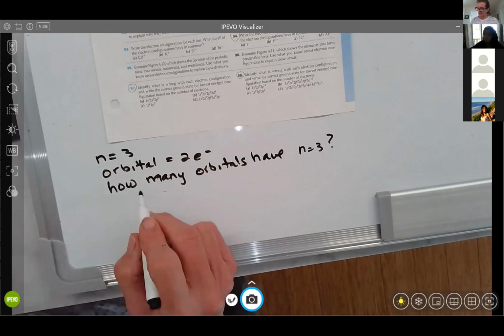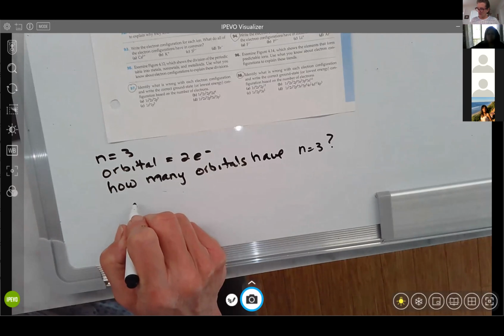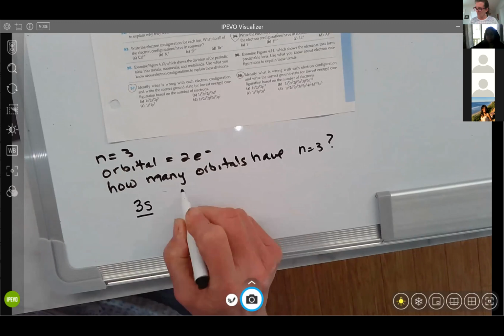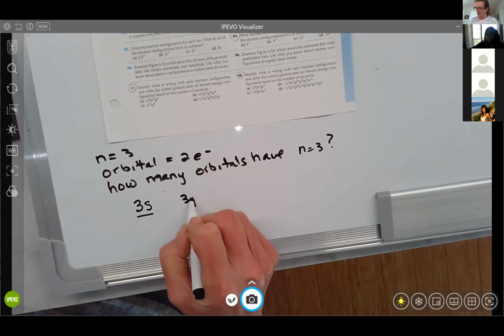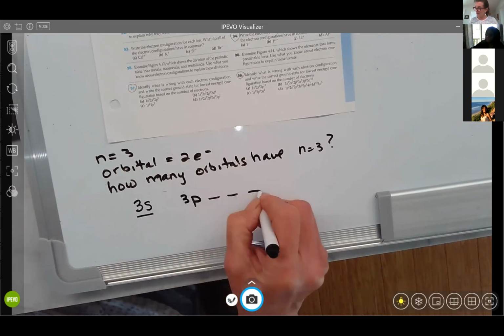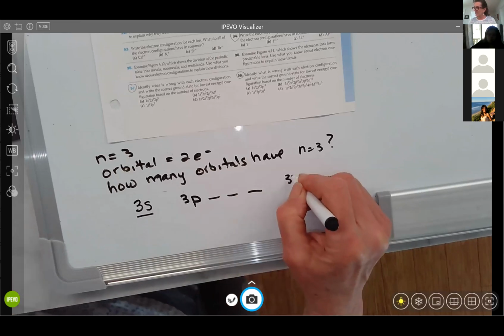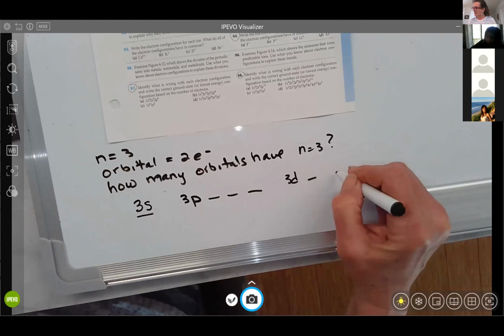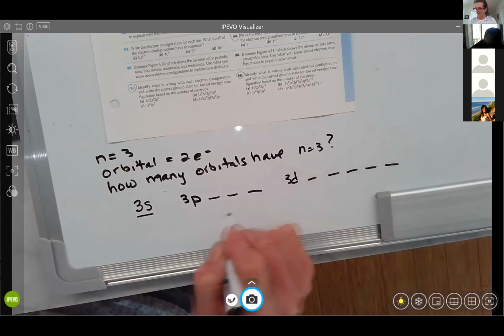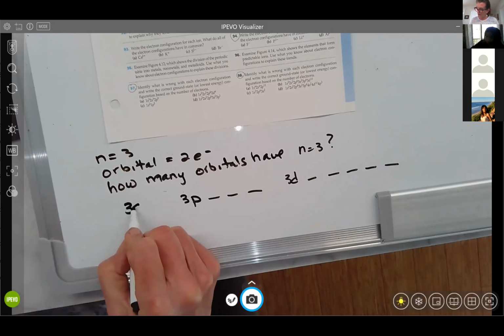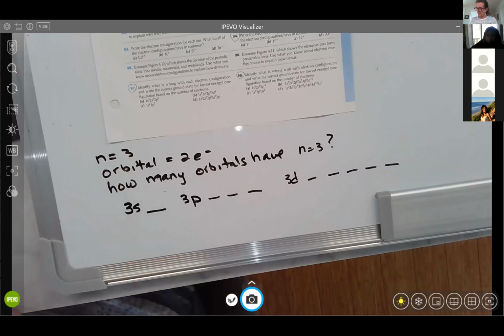3s and 3p. Yeah, there's 3s, and there's one of those. There's 3p, right? And there's 3 of those. And then we also have 3d, right? 1, 2, 3, 4, 5. Those are all the orbitals with a quantum number of 3. Each orbital can hold 2 electrons.